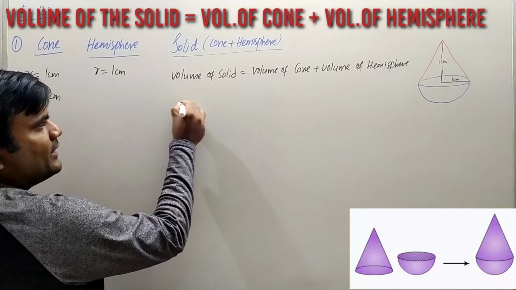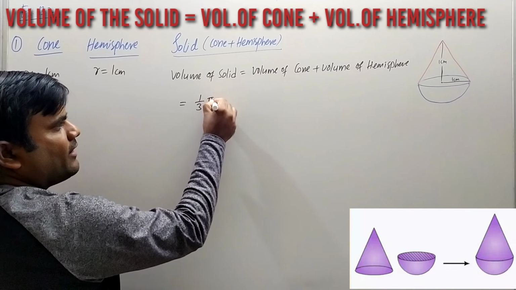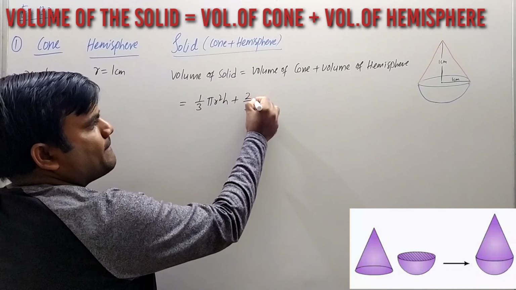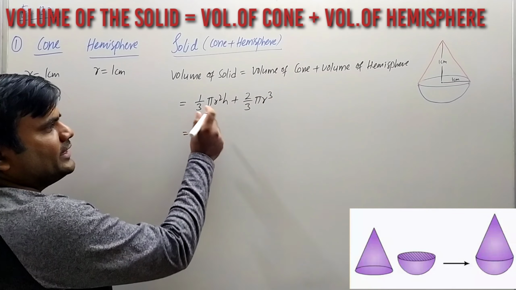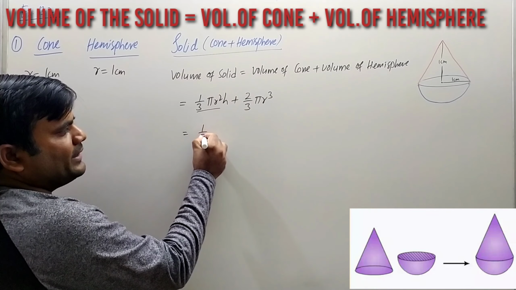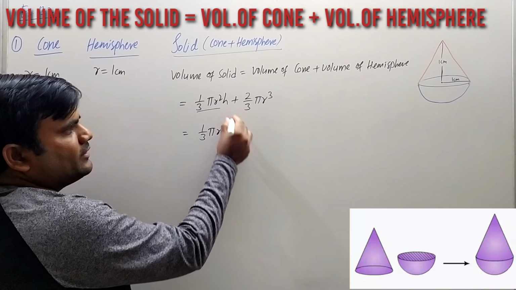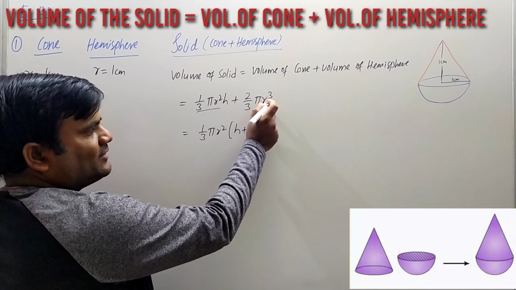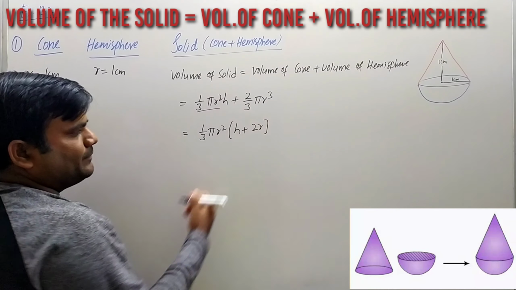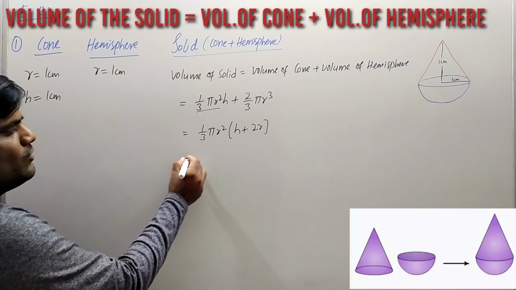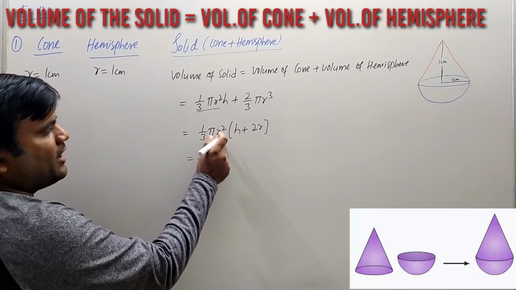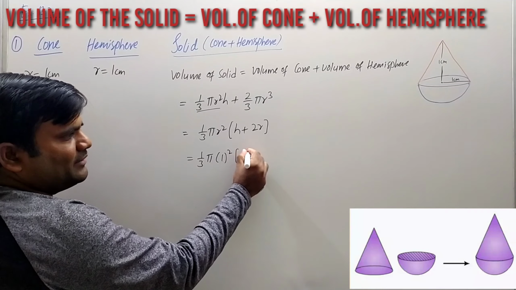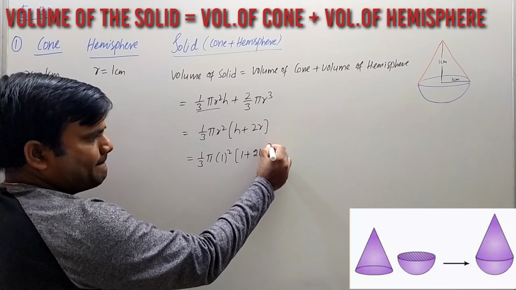Now the volume of cone formula is 1 by 3 pi r square h. The volume of hemisphere formula is 2 by 3 pi r cube. So here we can take 1 by 3 pi r square common. In the first term, h is the remaining one, and here 2r is the remaining one. Now we substitute all the values. 1 by 3 pi, r is 1 centimeter, that is 1 square, h is also 1 centimeter, plus 2 into 1.